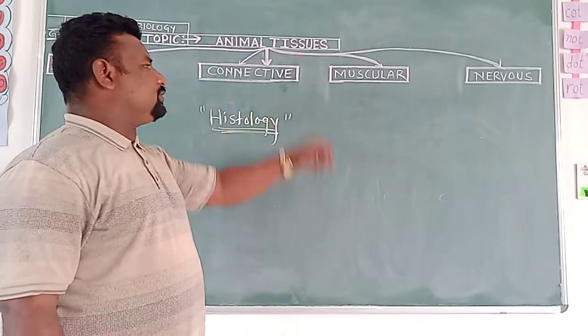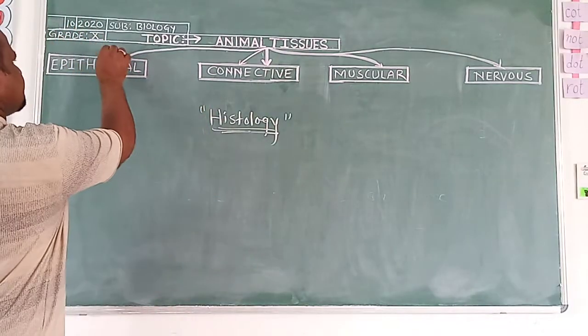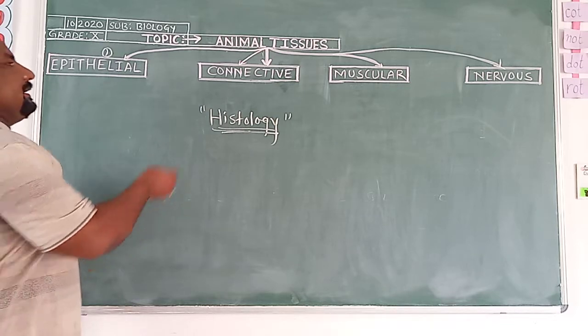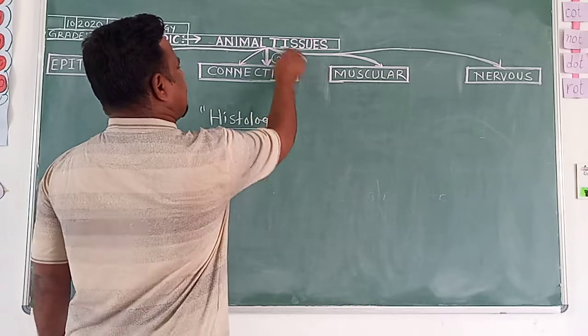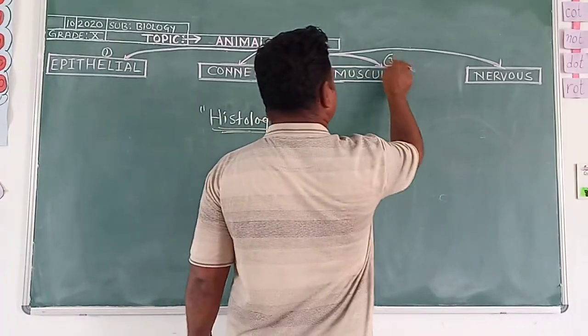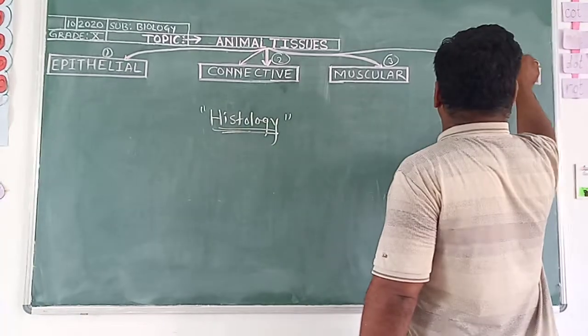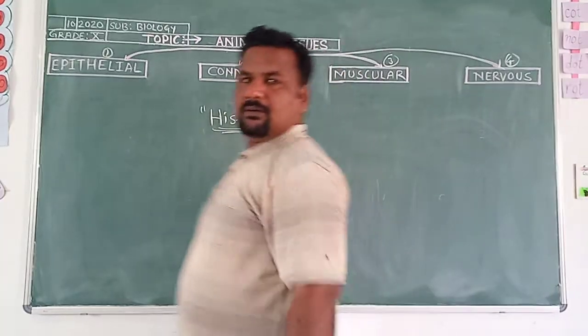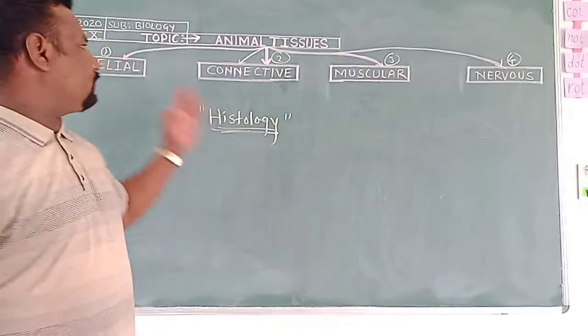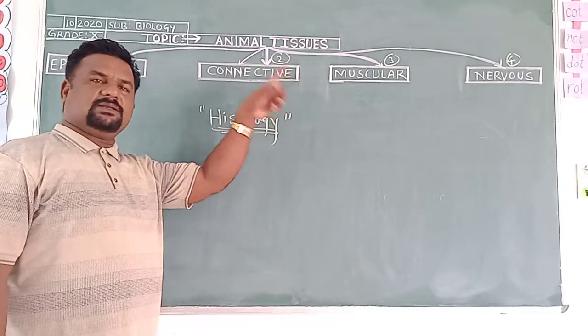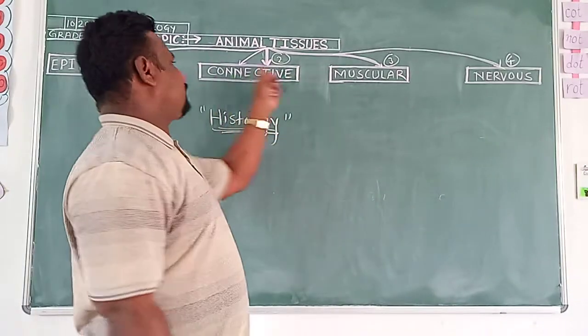So here, animal tissues are mainly of four types as shown: number 1, epithelial; number 2, connective tissues; number 3, muscular tissues; and number 4, nerve tissues. These are the four major types. Among animals, the tissues are classified into these four categories.